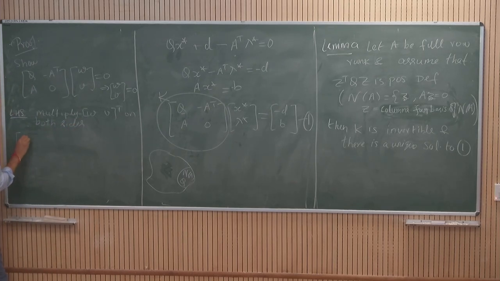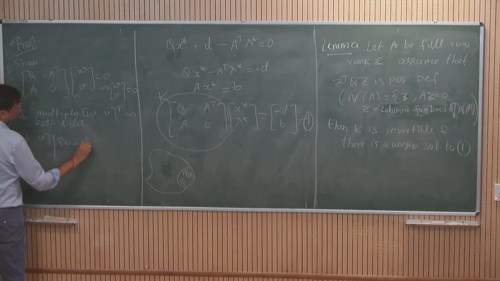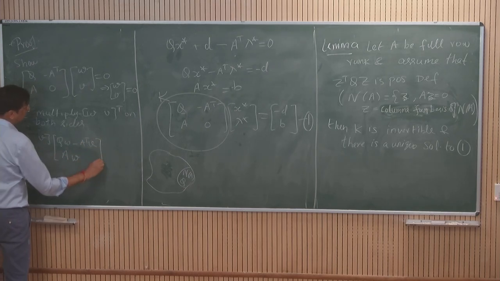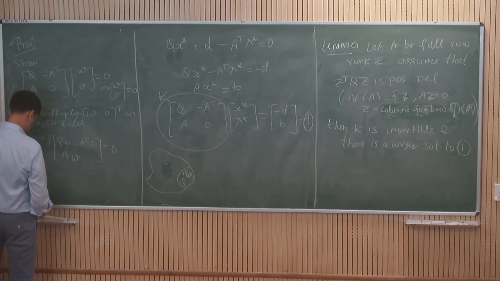So what do we get? (W, V) times QW minus A transpose V and AW, and this is equal to 0.